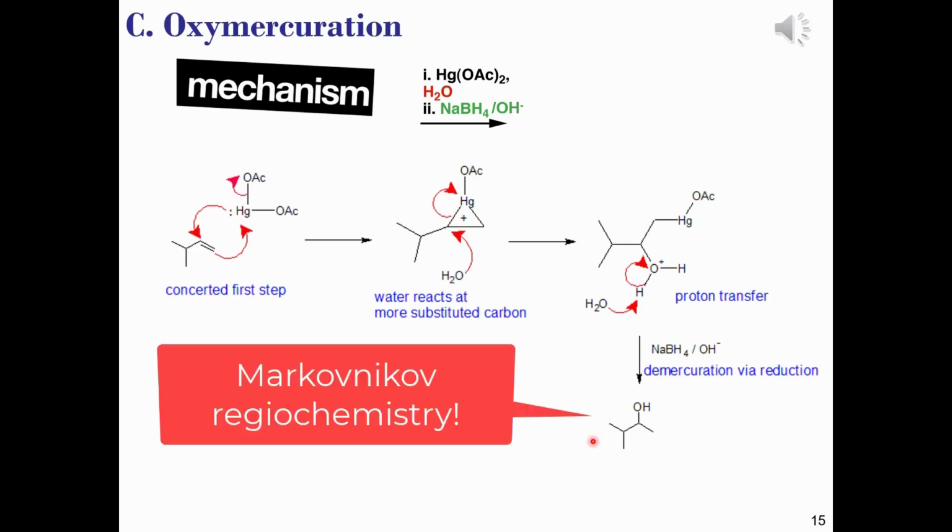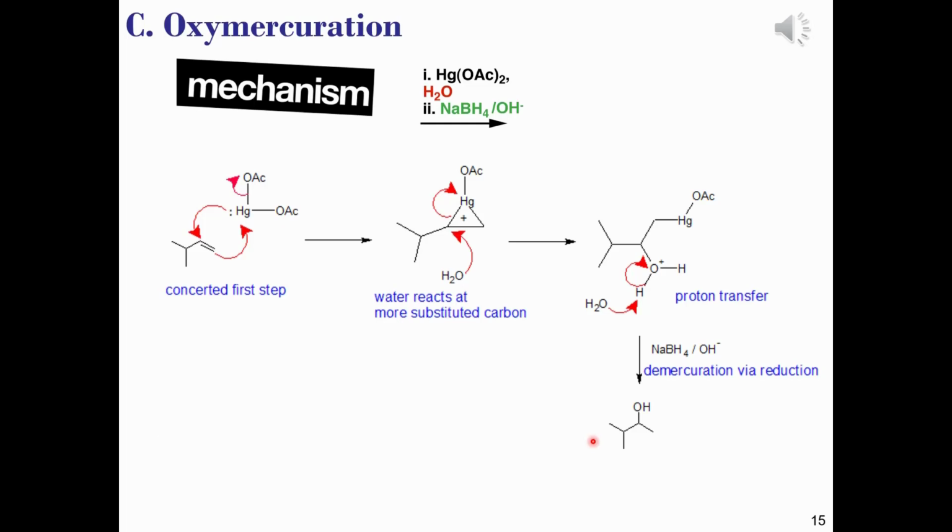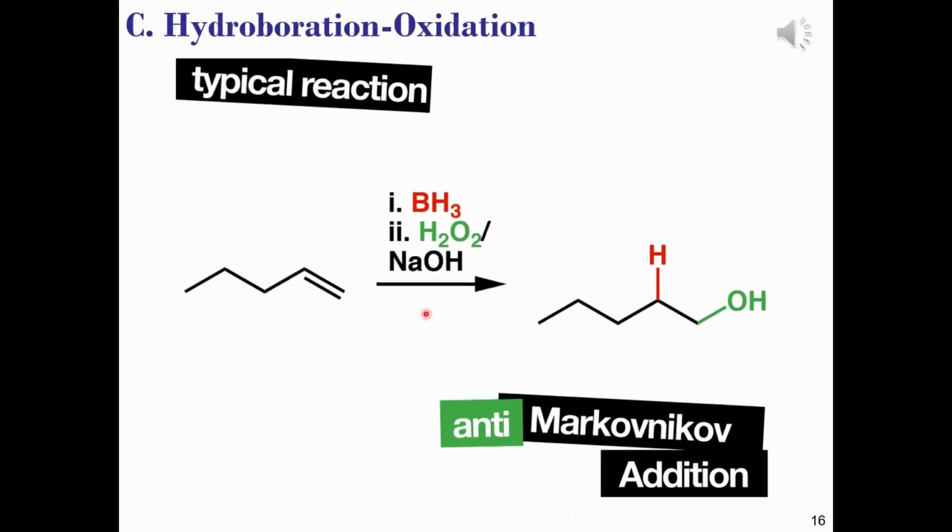addition. What if we want an alcohol product that has anti-Markovnikov regiochemistry, but we still need to avoid any carbocation rearrangements? This is the final hydration reaction of this lecture and is known as hydroboration-oxidation.